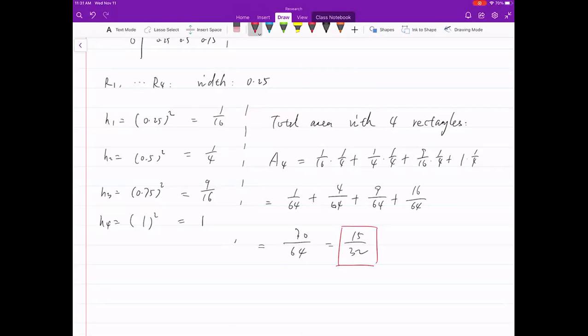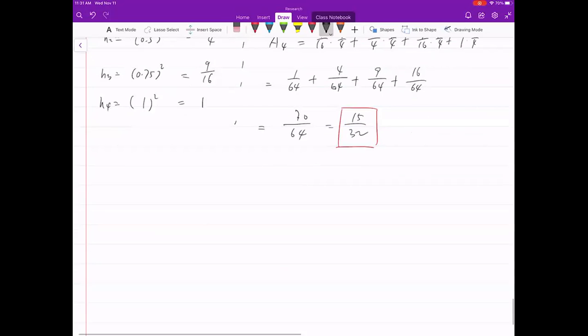Sounds good. Okay. This will be my approximation of the area with 4 rectangles.